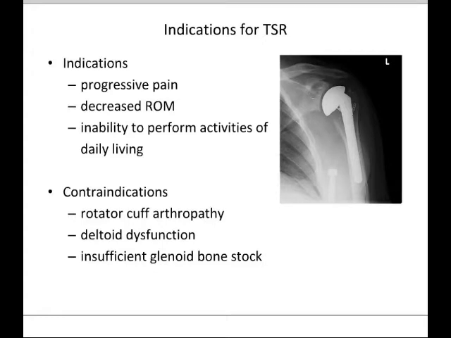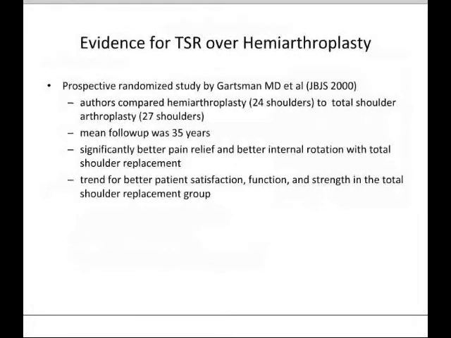There is evidence, like I said before, of total shoulder over hemiarthroplasty, and this was done in a prospective study by Gartsman in 2000 with 51 shoulders, 24 hemis, 27 totals, with a mean follow-up of 35 months. So significantly better pain relief and better internal rotation with total shoulders, and a trend for better patient satisfaction, function, and strength in the total shoulder replacement group.